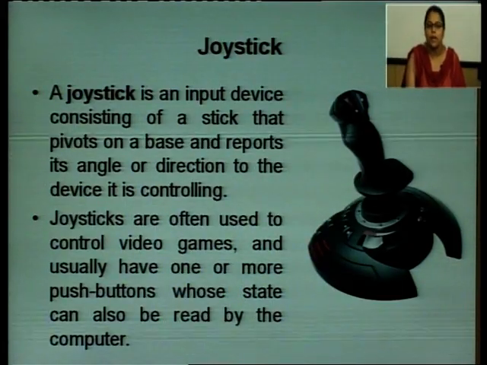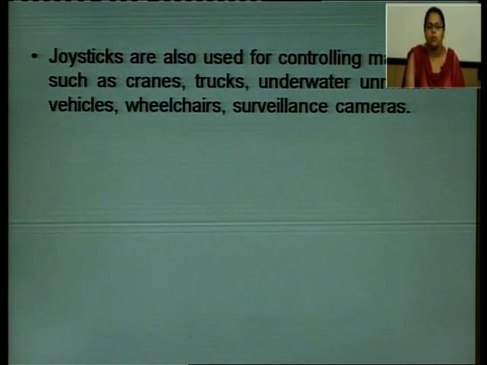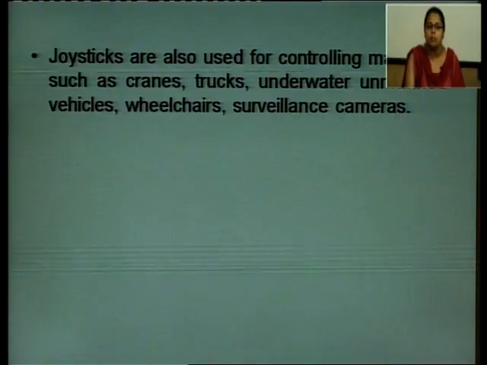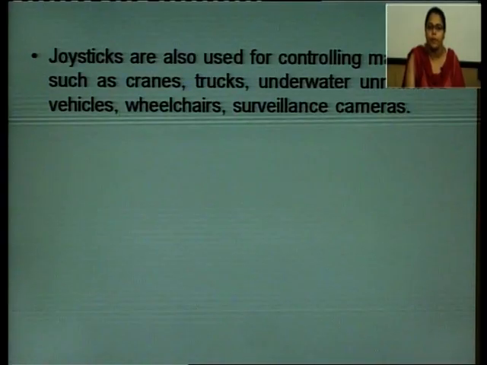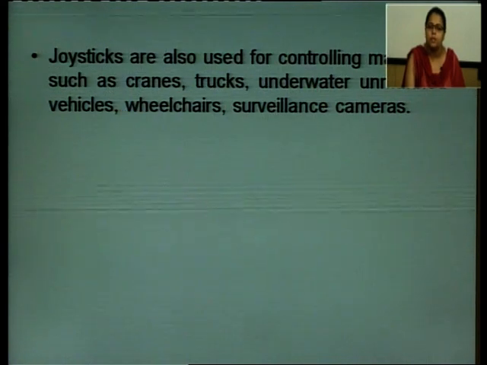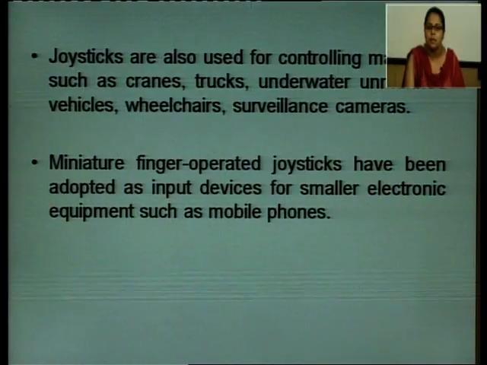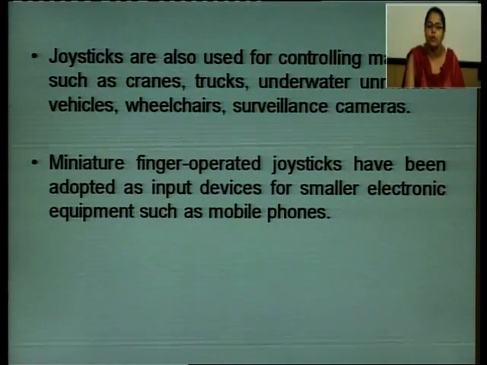You must have seen joysticks mostly in video games. They are also used for controlling machines such as cranes, trucks, underwater unmanned vehicles, wheelchairs, and surveillance cameras. Miniature finger-operated joysticks have been adopted as input devices for smaller electronic equipment such as mobile phones.